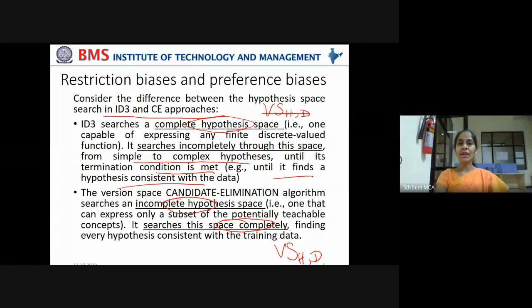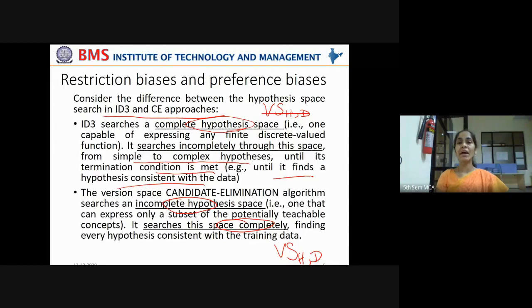ID3 searches a complete hypothesis space. It contains all possible solutions and it searches incompletely through this space by considering only simple decision trees. Now come to the other part. The version space of candidate elimination algorithm searches an incomplete hypothesis space.